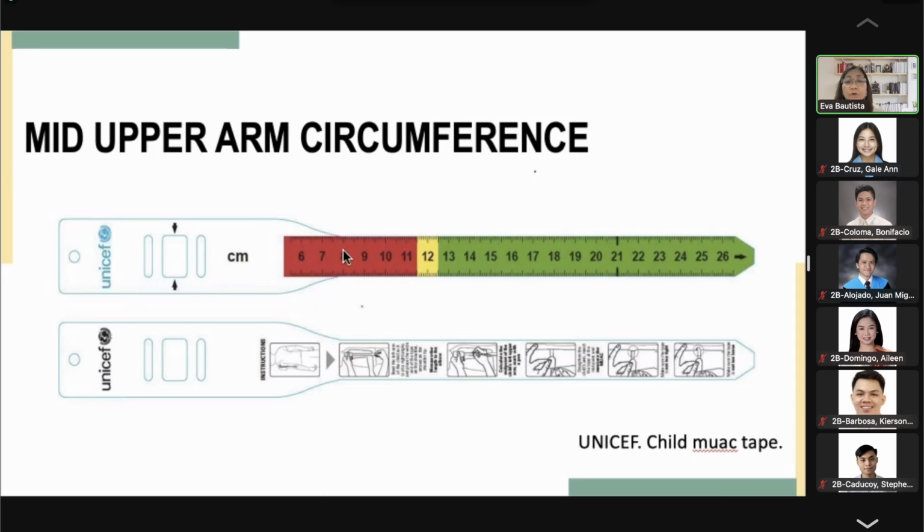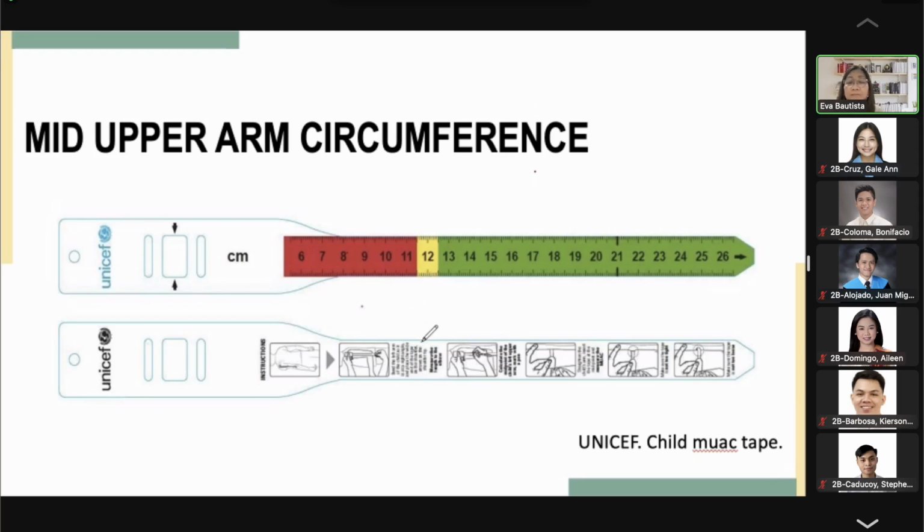It's the front side that is color coded. Red means there is malnutrition. 11.5 centimeters or 115 millimeters, and therefore we interpret up to the 0.1. 11.5 centimeters is severe acute malnutrition already. Normal is 12.5 or higher.